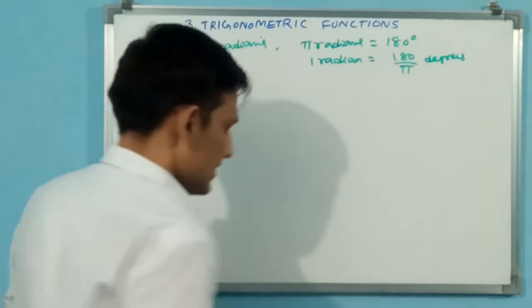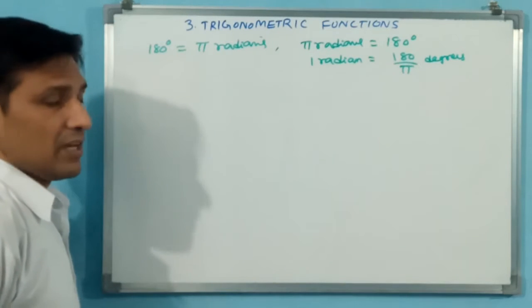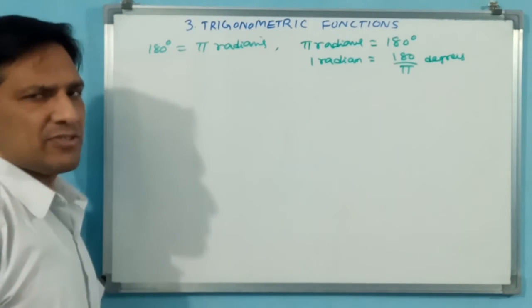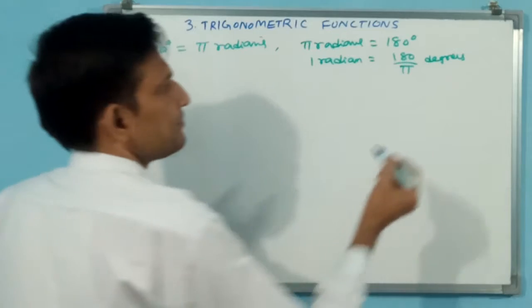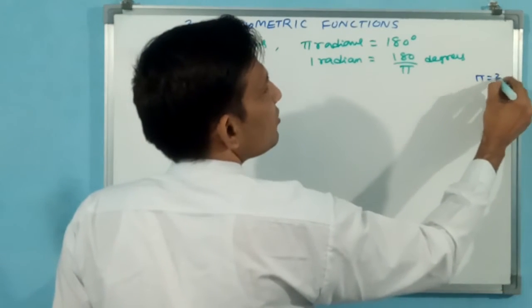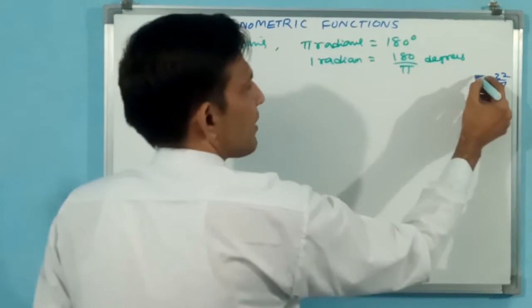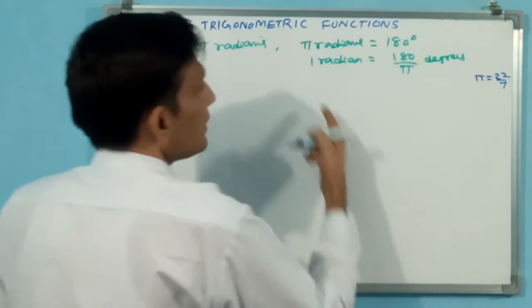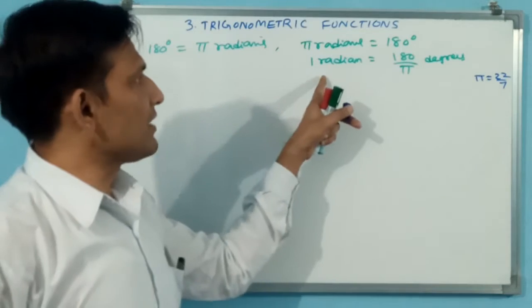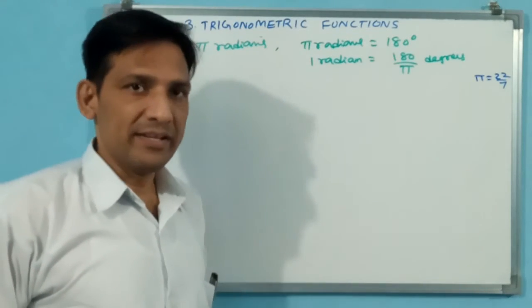Is it correct? Now stop and see what pi is. Pi we have already known in geometry, 22 by 7. Pi is equal to 22 by 7. See, this is an approximate value only. Okay, now I want to know for 1 radian how many degrees are going to come.